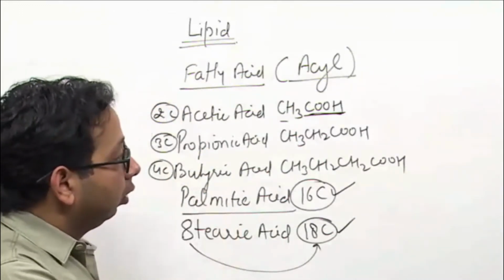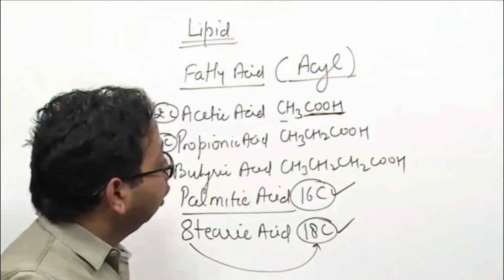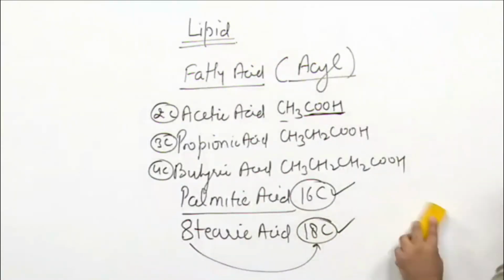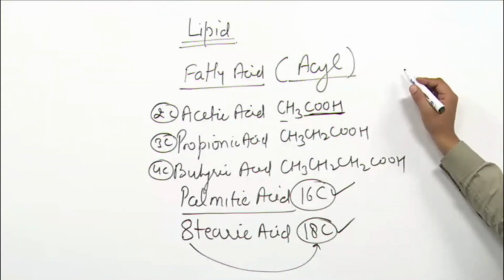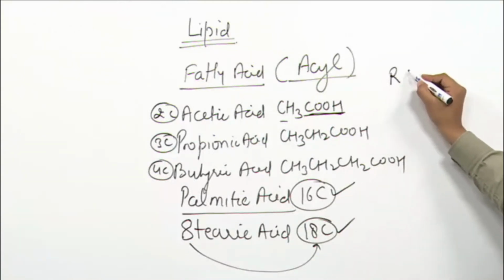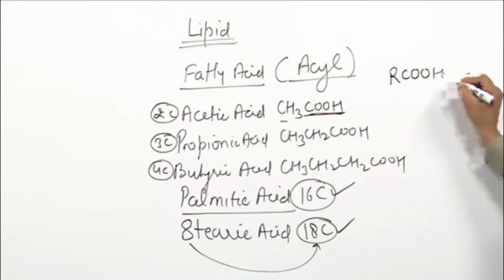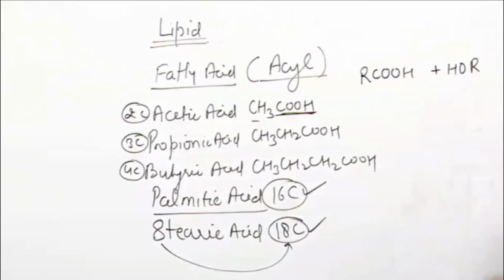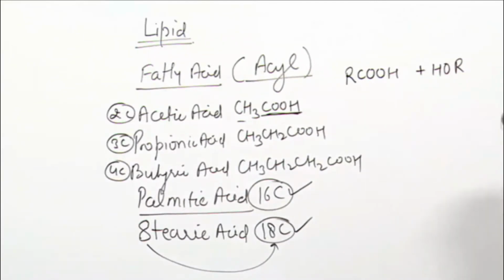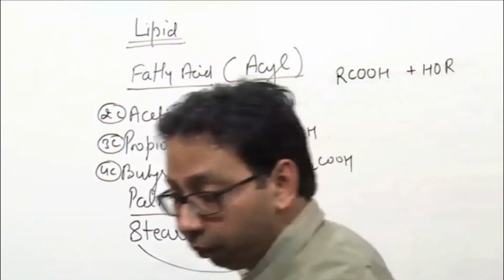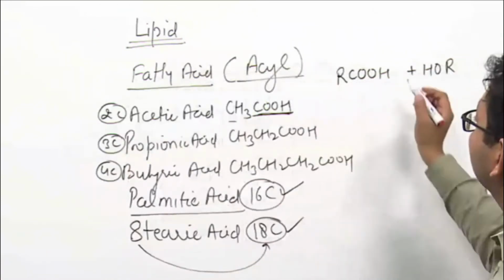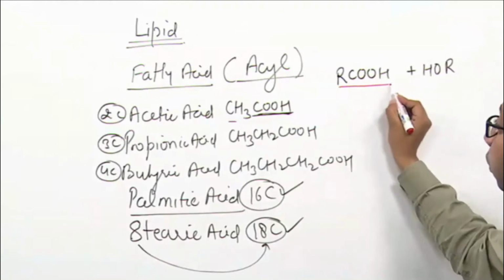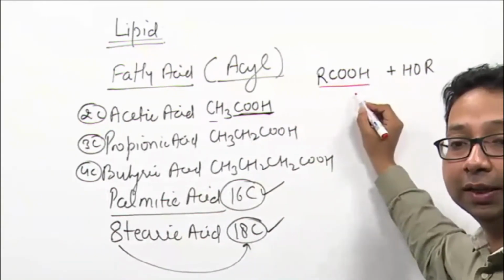Is it clear? Now, acid plus alcohol. This is acid, and wherever there is a carboxylic group, you will say it has negative charge.